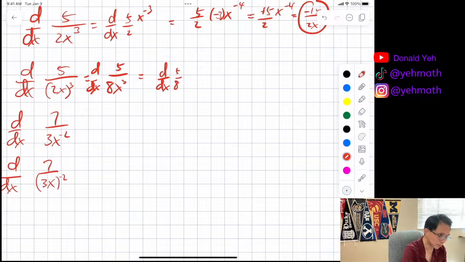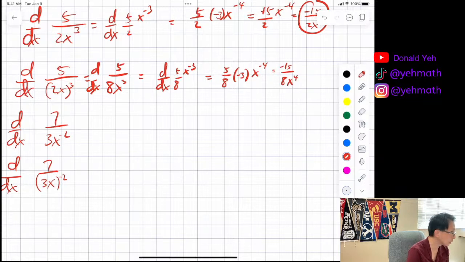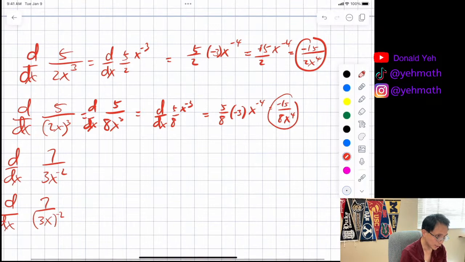What's one more thing? There we go. Now I can take a derivative. So it'll be negative 15 over 8 x to the 4th. And look at it, there are 2 different answers. It's because of parentheses.